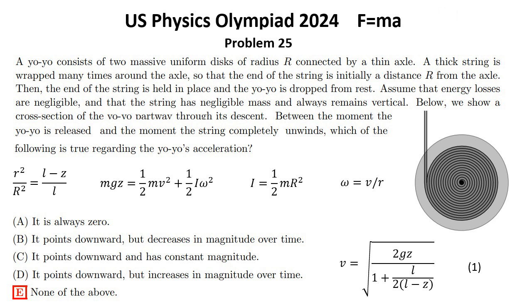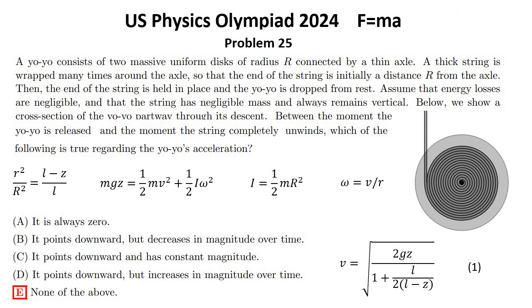In fact, the translational speed of the yo-yo goes to 0 when the string completely unwinds, at which point it's just spinning in place. Therefore, during the latter part of its fall, the yo-yo has upward acceleration, so the answer is none of the above, which is answer E. This remains true regardless of the details of the yo-yo, because it only depends on the fact that the radius, small r, starts equal to big R and then becomes very small, since the axle is thin.